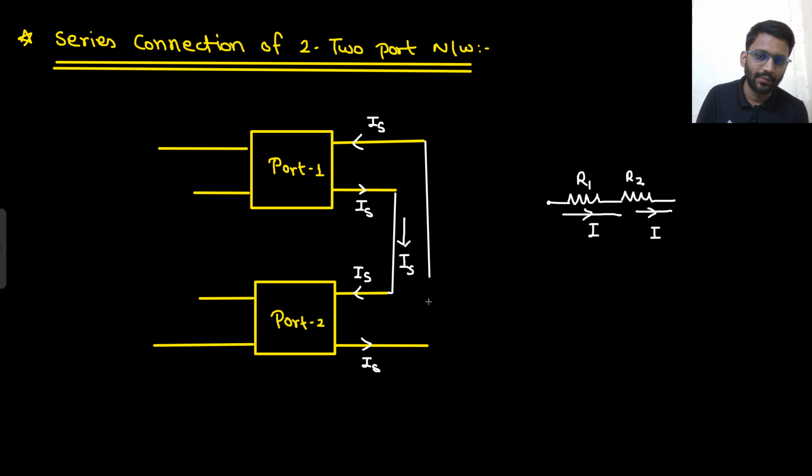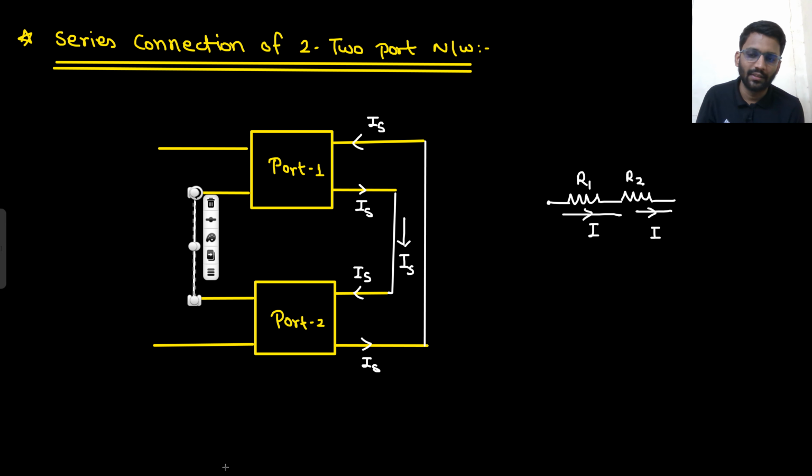I connect these two, right? So if IS current was going into this, that means it is going out from here, right? So is there an issue with that? This is the series connection. You can do the same at the input side as well. This is also a series connection. So these are the series connections.